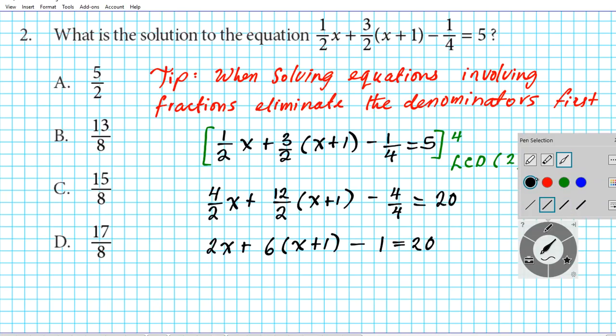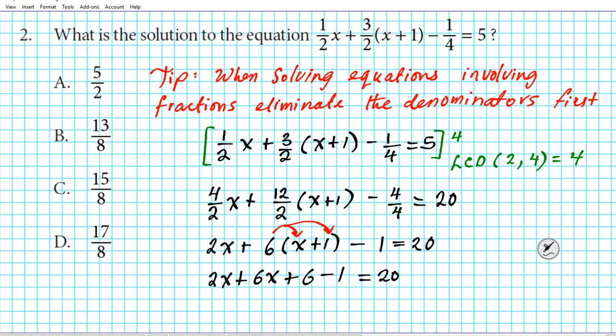So let's distribute the 6 first. The 6 gets distributed to the x and 1. That results in 2x plus 6x plus 6 minus 1 equals 20. We can combine like terms on the left side of the equation.